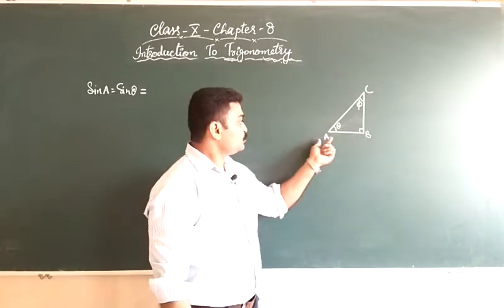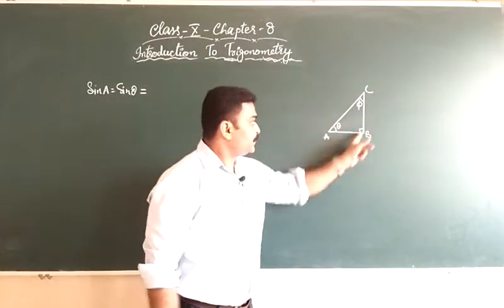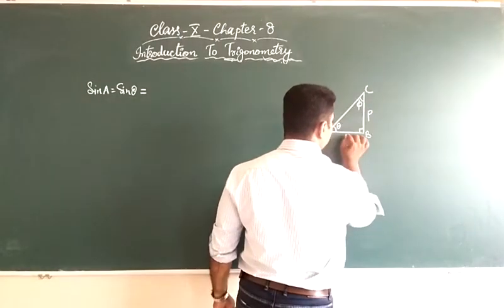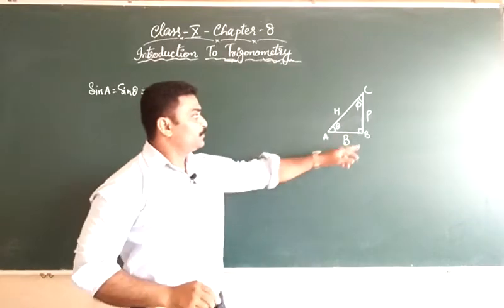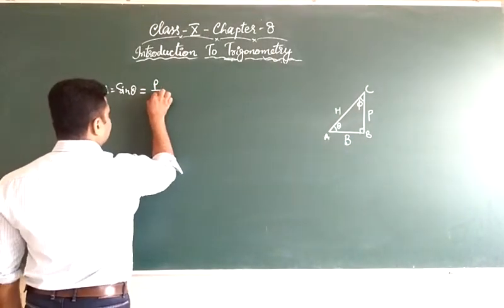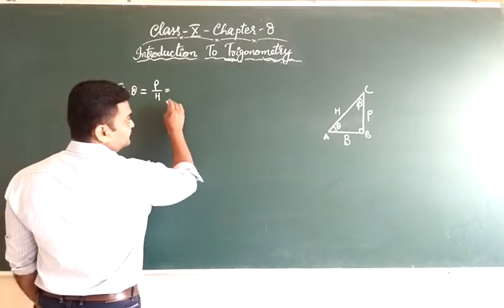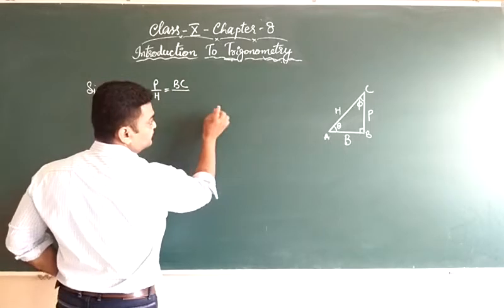Clear? So sin theta or sin A is equal to perpendicular, denoted by P, base is B and hypotenuse is H. Perpendicular upon hypotenuse, P upon H, that is BC upon AC.